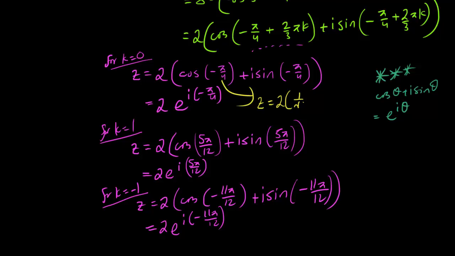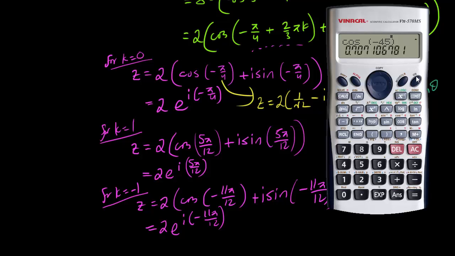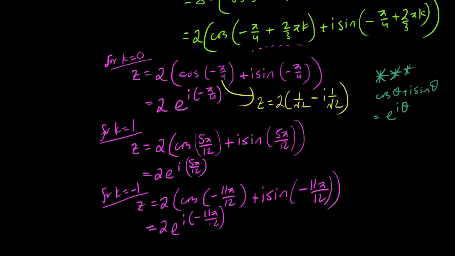You'll find 1 by root 2 or minus i 1 by root 2, because sine minus pi by 4 is going to be, let's check, sine is in the fourth quadrant, so sine minus 45 is negative, so 0.707 is 1 by root 2, so that's what you're going to get. So the format doesn't really matter that much. You just take the answer and simplify it.